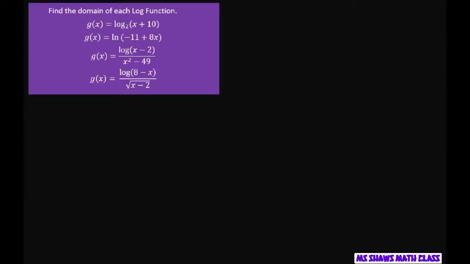Now the next two are a little more complicated. We can still do our logs here. So this x minus 2 has to be positive, so x has to be greater than 2. At the same time, when you're trying to find the domain of this whole function, we know we can't divide by 0.